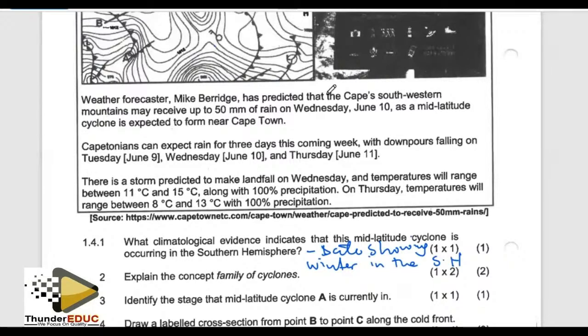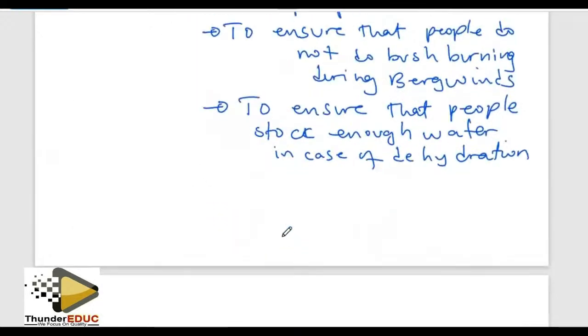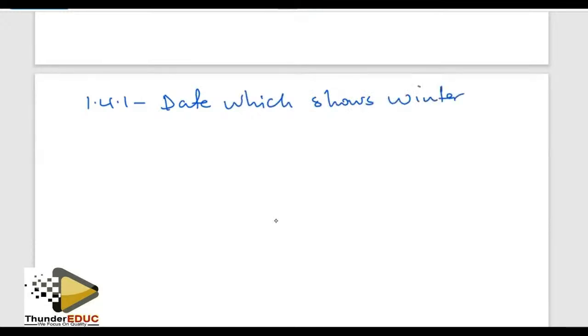So if we see June and we know that this is winter, this must be in the southern hemisphere. What other evidence? That was for 1.4.1. Okay, which other evidence? Let's check.